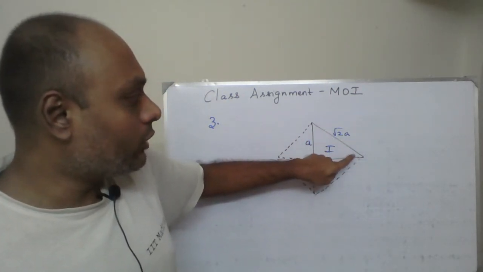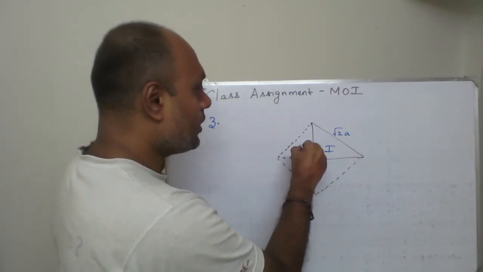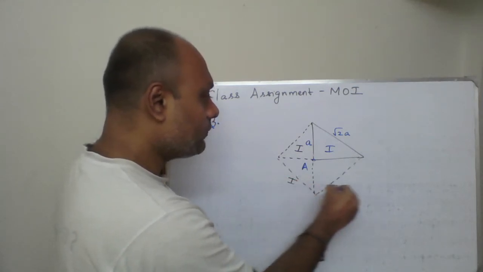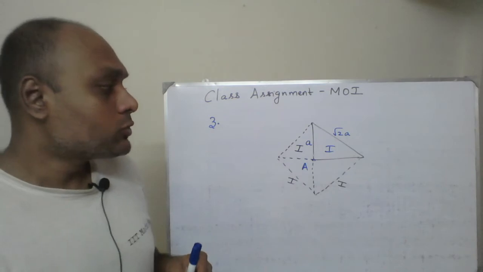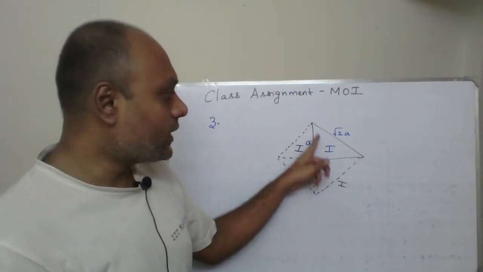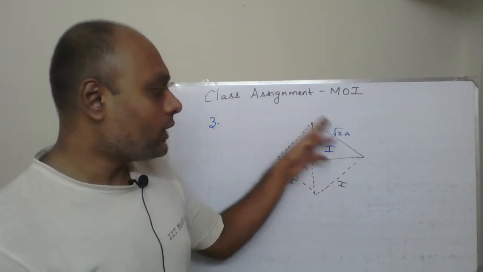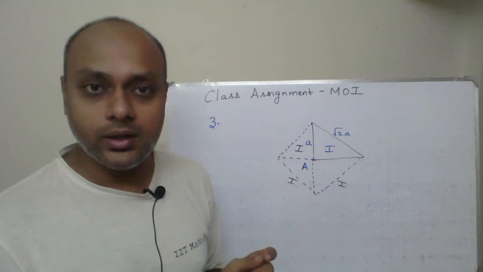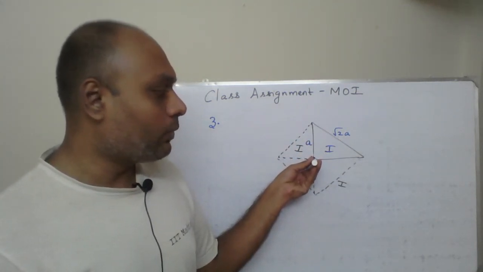So whatever moment of inertia this triangle has, the other triangles will also have moment of inertia I. So each of the 4 triangles has moment of inertia I, and the moment of inertia for the full square will become 4I about this axis.